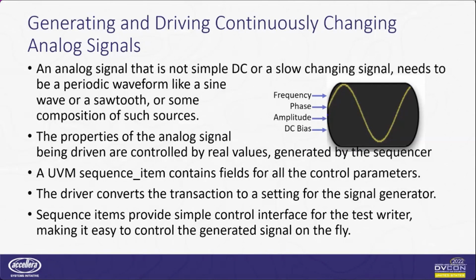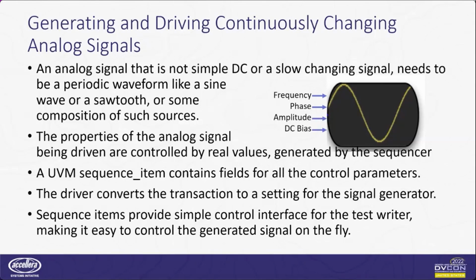So the sequence item is going to contain the fields for the control parameters to tell the analog generators what to do. And the driver is going to convert that transaction or that sequence item into setting the information to the signal generator.